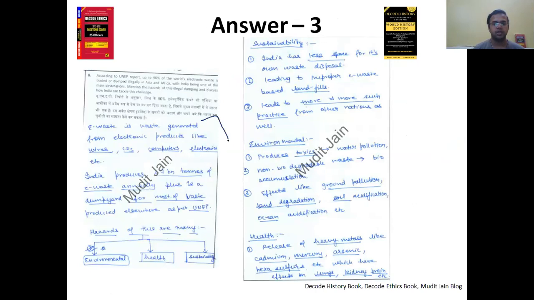I've defined e-waste. I mentioned facts, but then I've jumped straight forward to India. I forgot about UNEP. I forgot about 90% aspect. I forgot about Asia. I forgot about Africa.